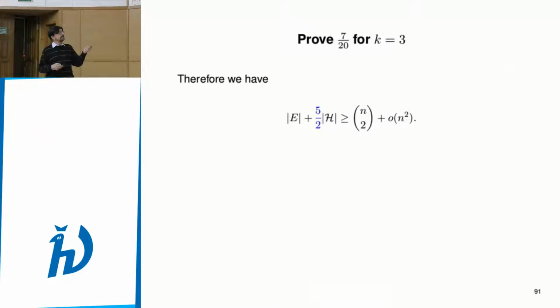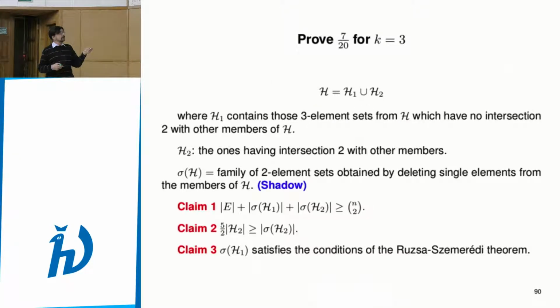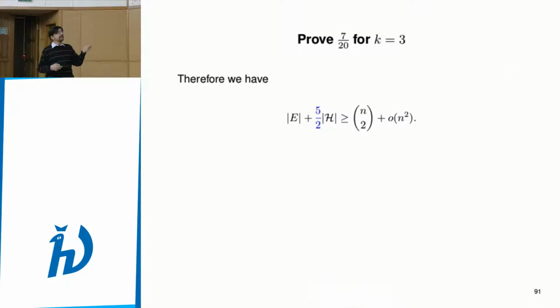And so we obtain from this one, this is kind of 0. And instead of this, we have this. And I showed you at the beginning of this proof that we need to prove this, and if we have this, then we obtain the 7/20.